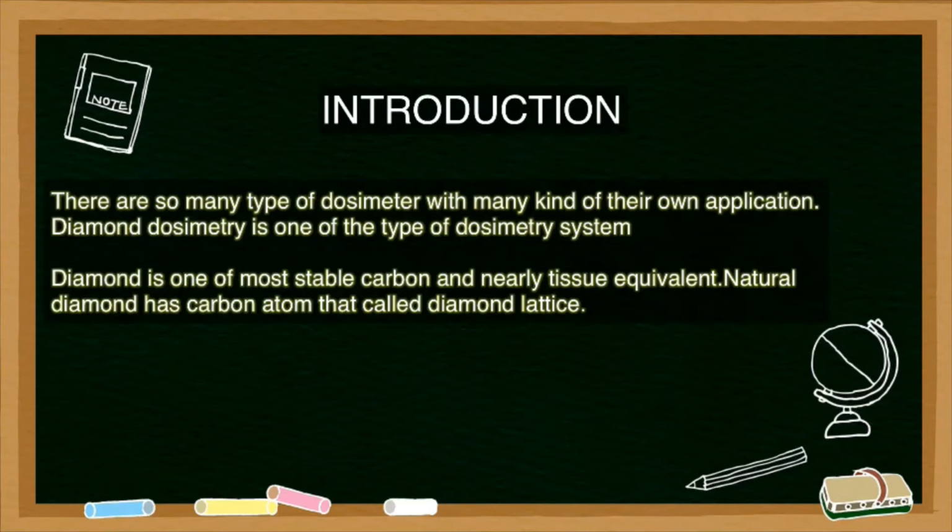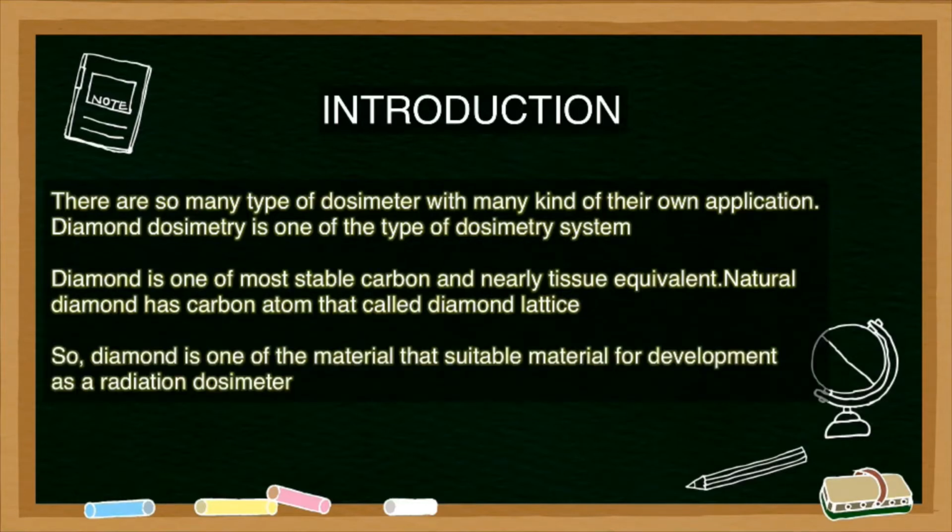It is also nearly tissue equivalent because its atomic number is close to the effective atomic number of human tissue. So, diamond is a very suitable material that can be developed as a radiation dosimeter.